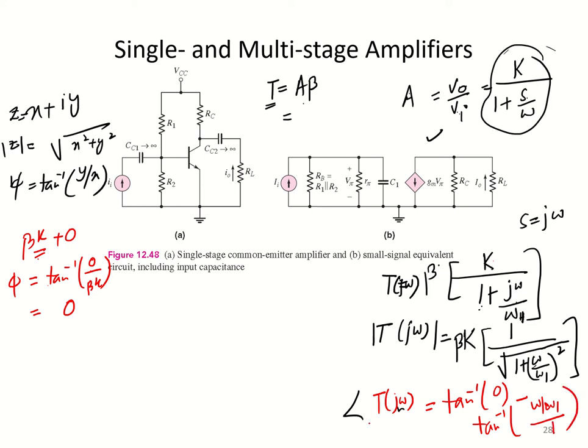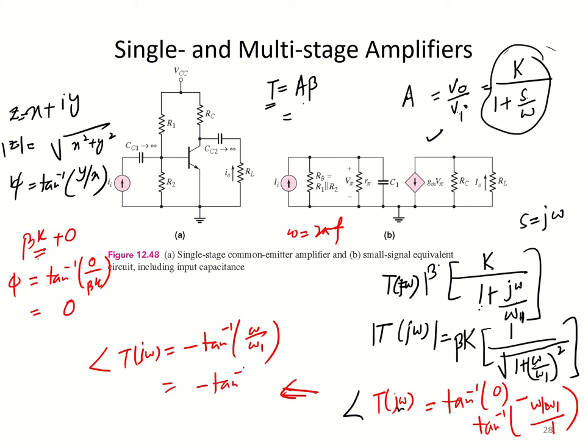So the angle of the transfer function is minus tangent inverse of omega over omega 1. Since omega equals 2 pi f, we can rewrite this as minus tangent inverse of f over f1, as the 2 pi cancels. These are the typical formulas to calculate the angle and the magnitude of the loop gain transfer function.